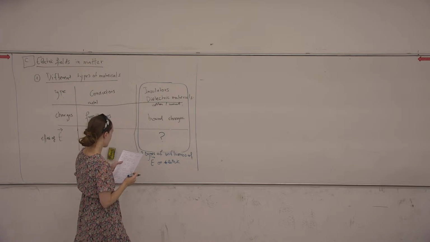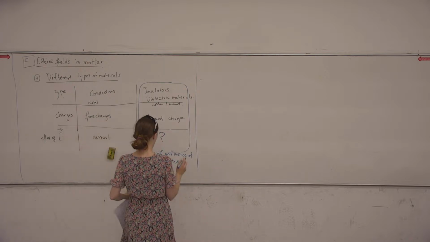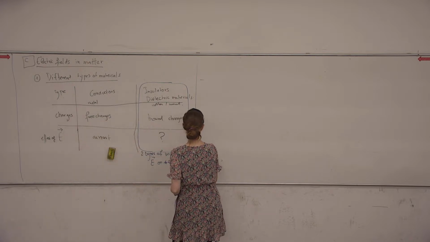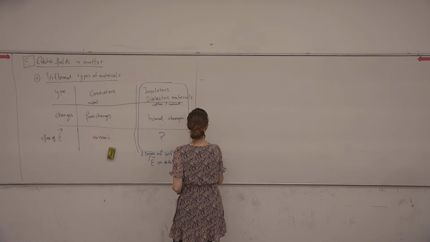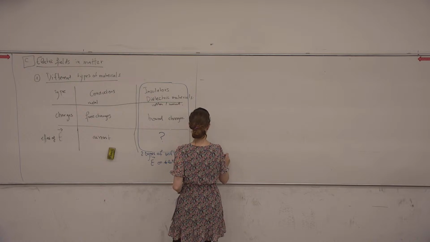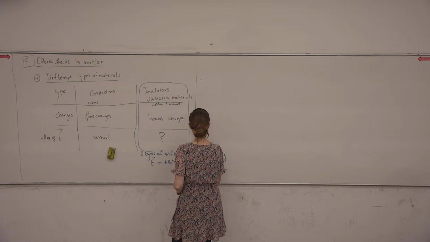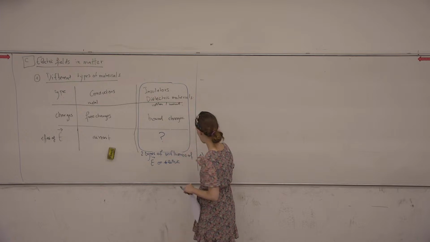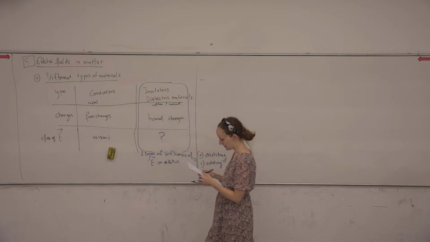Type 1 is called stretching, and I will explain in a second what I mean. And type 2 is rotating. Okay, I will now detail things.